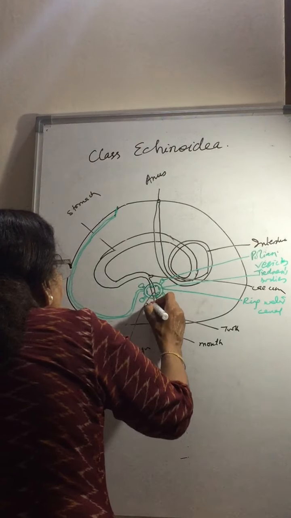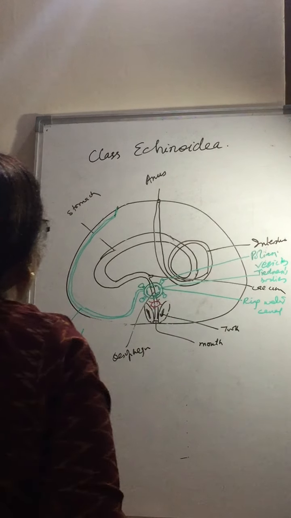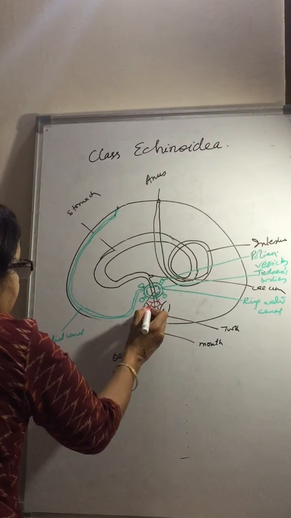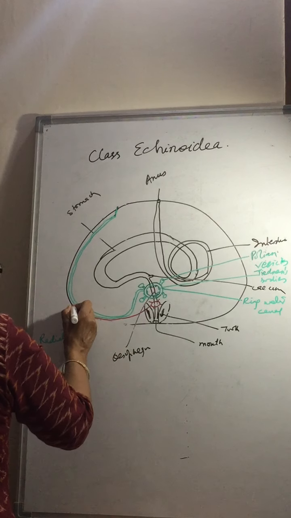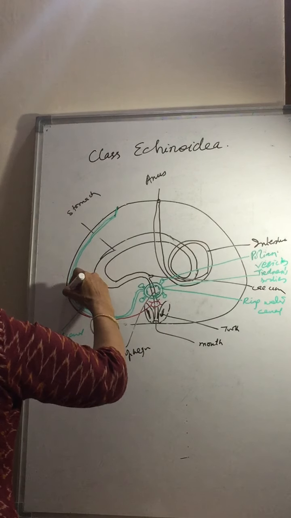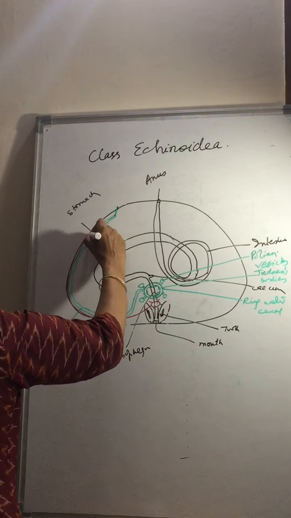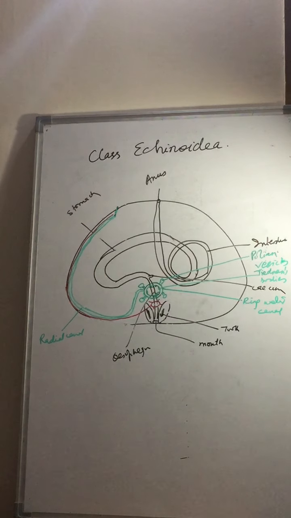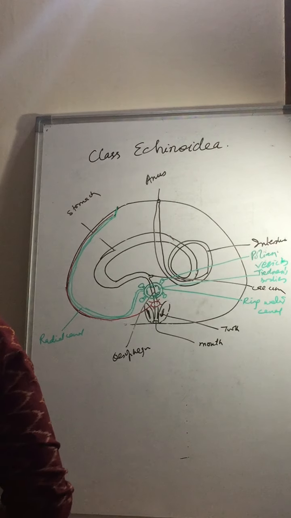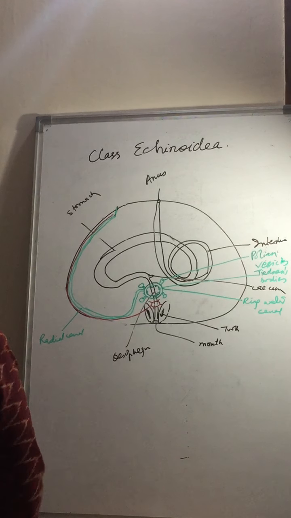From the nerve ring also, five radial nerves come out and they lie below the radial water canal.